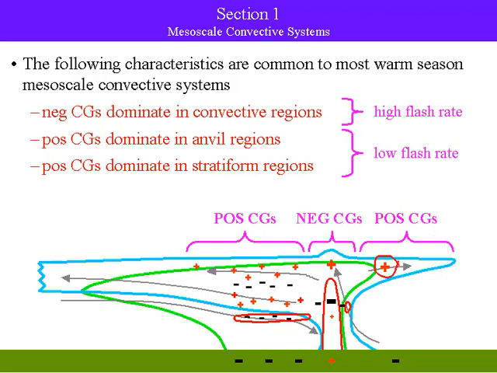And we would expect positive CGs within the stratiform area of the MCS. Because of this large area of positive charge located here, we would get a positive leader which extends downward toward the negative charge induced on the surface, and therefore a positive CG. As far as the flash rates go, the flash rate within the convective core is going to be much higher, primarily because we have such a large density of these negatively charged graupel particles there.